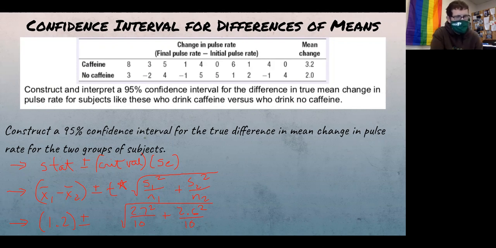For this and for our hypothesis testing later, we're going to treat degrees of freedom as your smaller sample size minus 1. Now, if they're the same size, just in this case they are, it doesn't matter which one you pick. So 10 minus 1 equals 9.